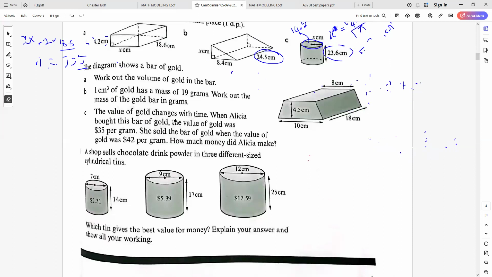Okay. Now, the diagram shows a bar of gold. Work out the volume of gold in the bar.